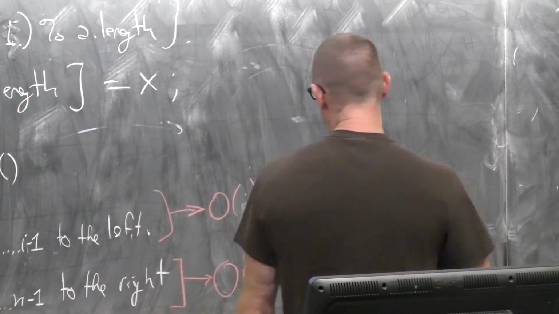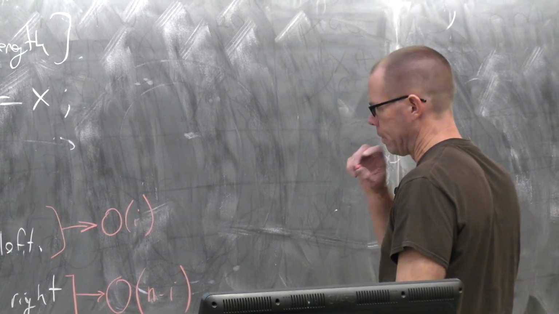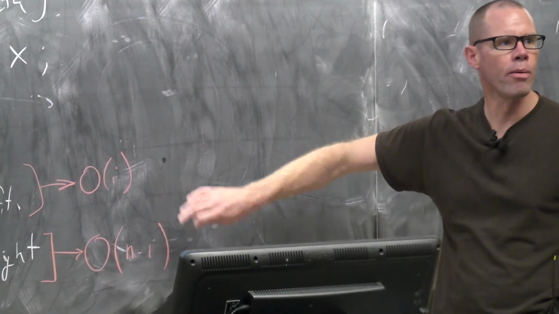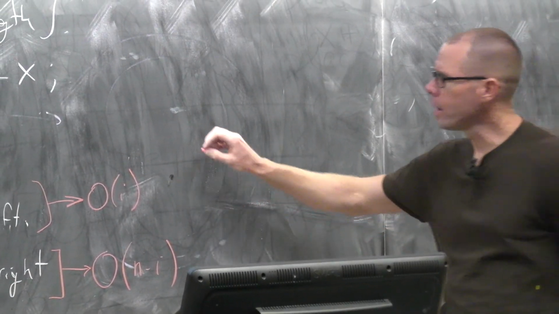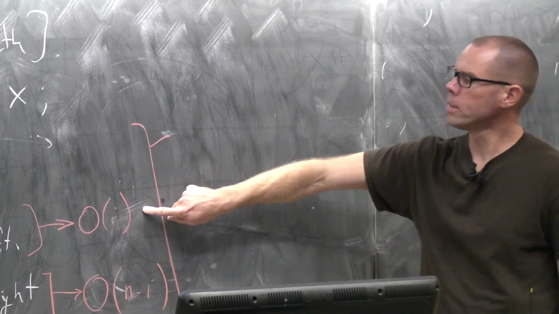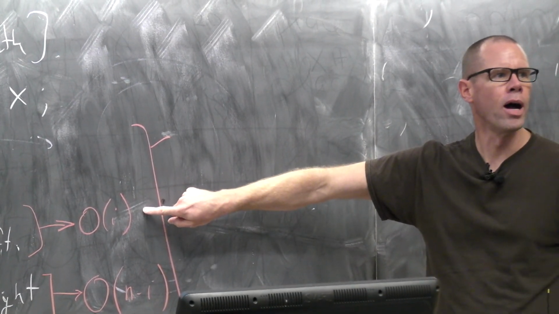So somehow, sometimes this happens and sometimes this happens. So I want to write one expression that tells me what is the running time of this whole thing as a function of I. Well, if this happens, then what's smaller, I or n minus I?